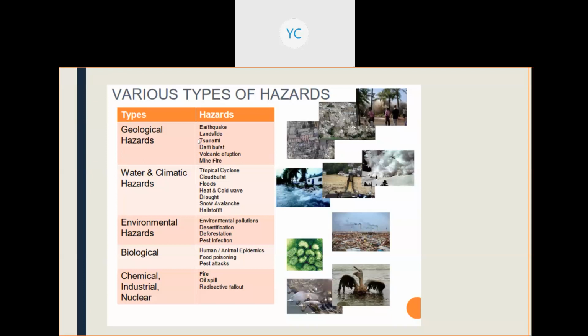So the moment I say the word hazard, you should be able to connect these things. What will you connect? It has a probability of occurrence. The bigger hazards can be measured in terms of their magnitudes. The bigger the magnitude, the less the probability.